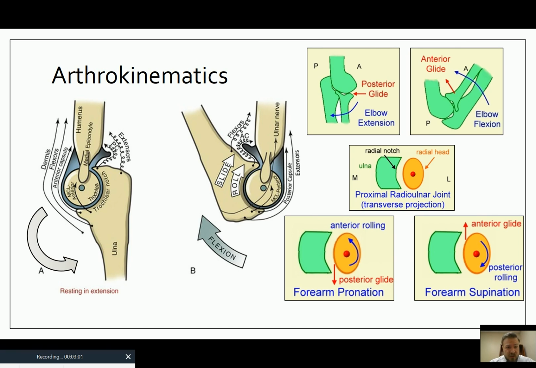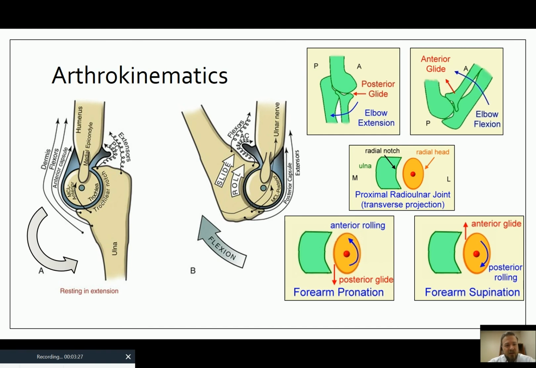So arthrokinematics, if we go from left to right on this slide, you can see that the ulna is going into extension on the picture on the very left, which would be a posterior roll and a posterior glide due to the concave-convex rule. You'll see that the anterior structures are getting put on stretch. That's the dermis or the skin, the elbow flexors, and the anterior capsule, all getting put on stretch.